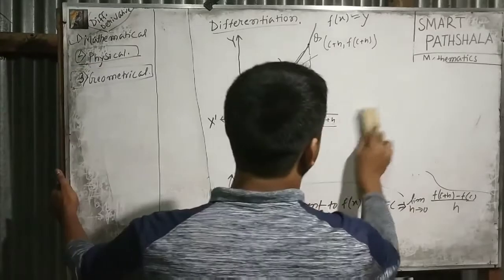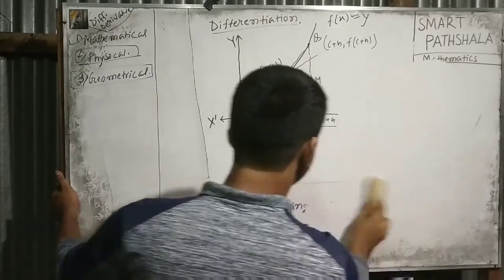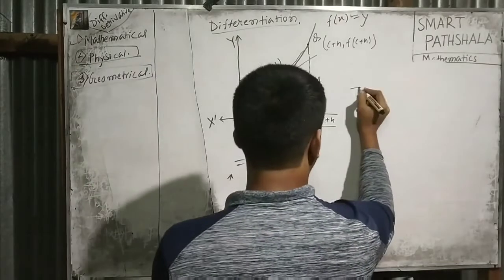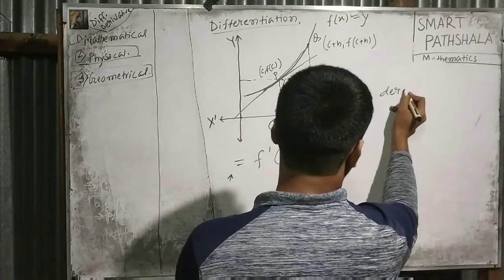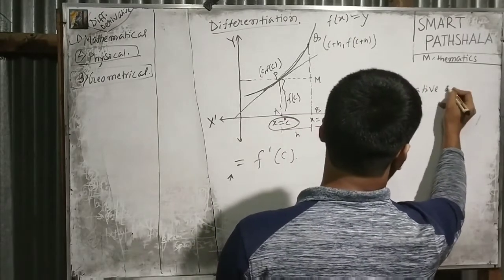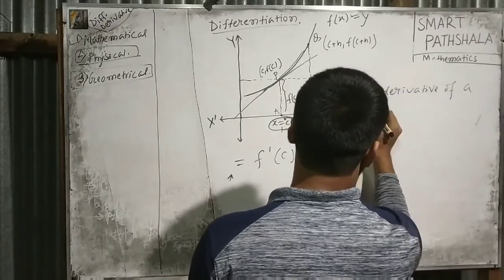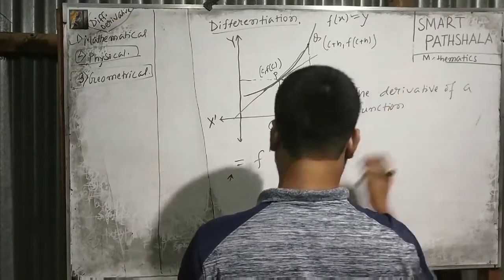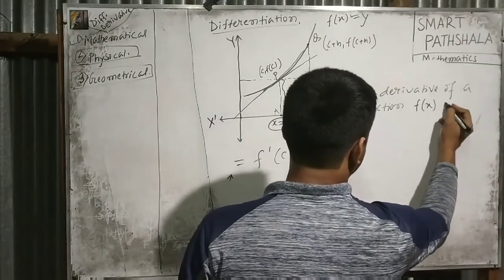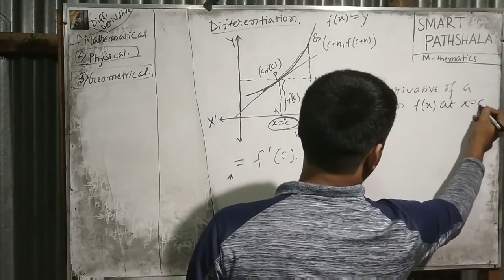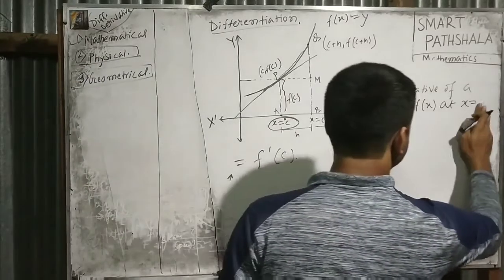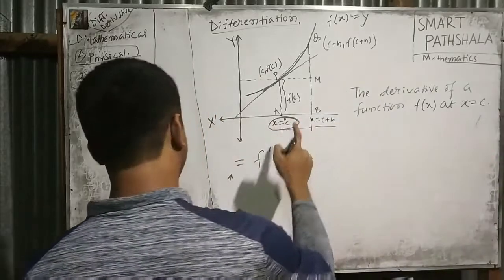Now, if you write this thing, suppose I am writing, okay? If you write it down, then what I have is the derivative of a function f of x at x equal to a. Suppose we are giving it a, or suppose we are taking c, because we have used the example of c here.